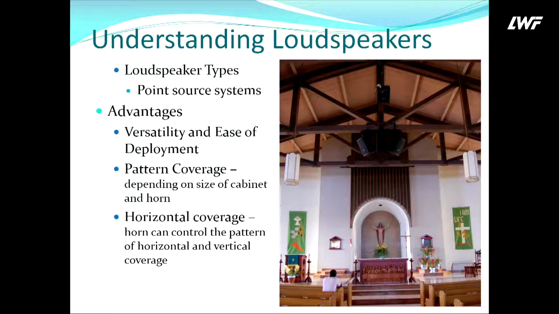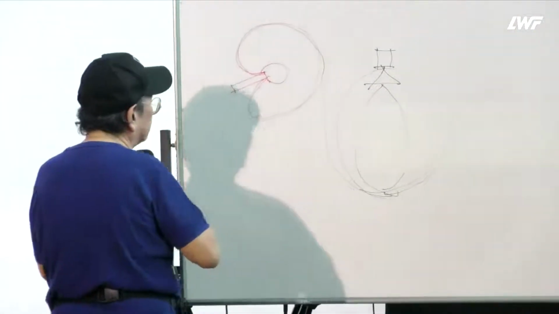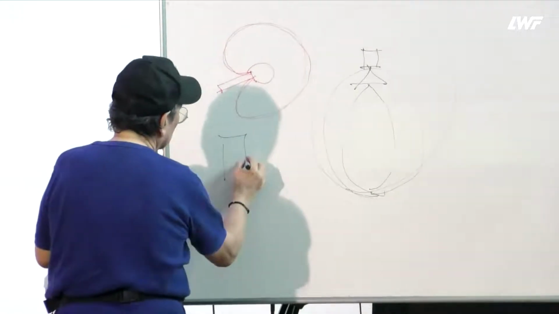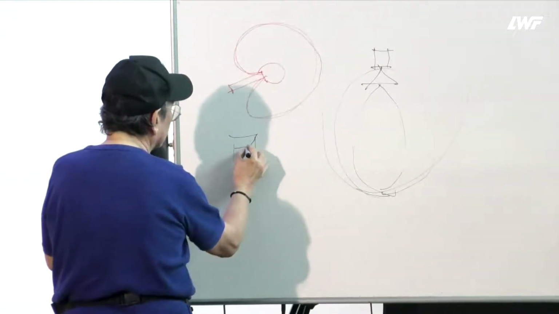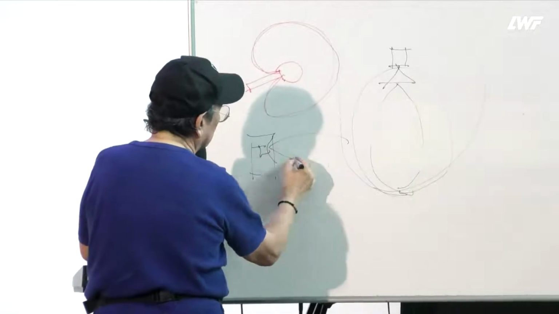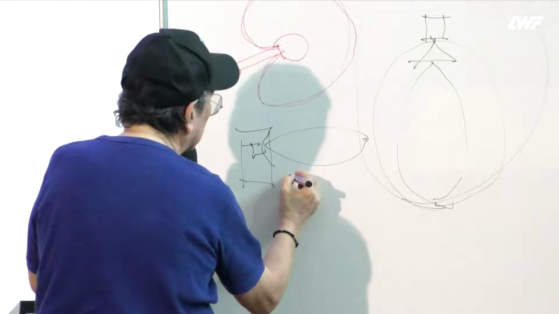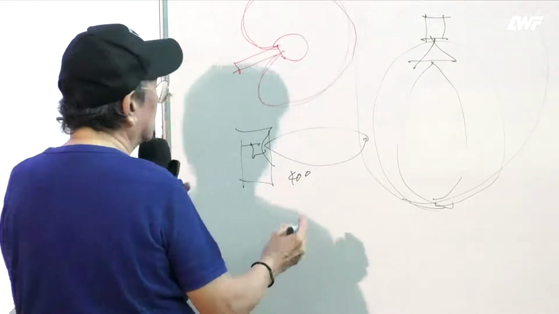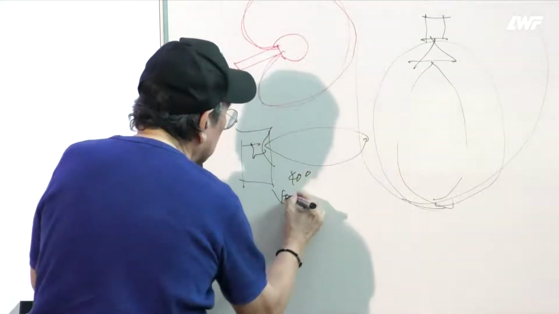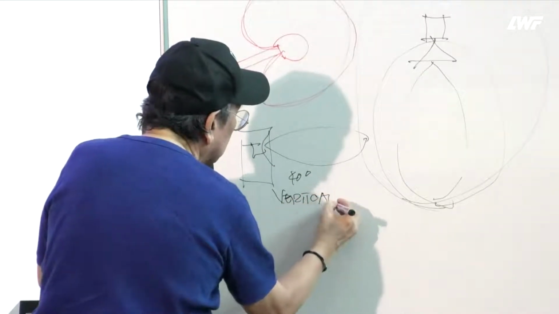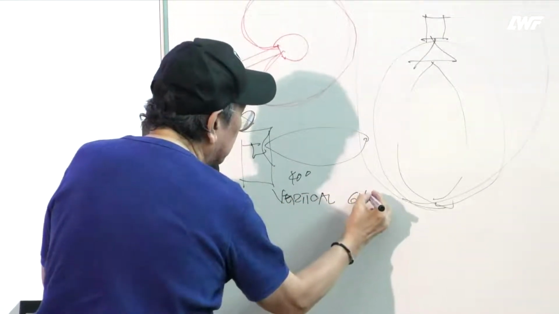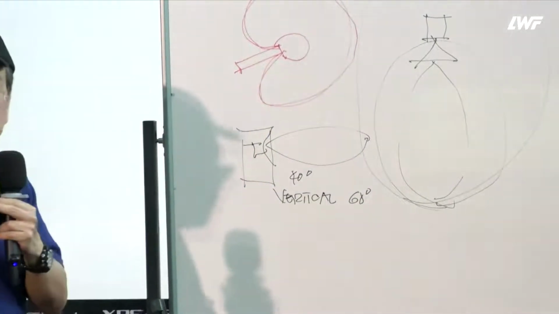Kaya lang, since most point source loudspeakers, kunwari, ito yung loudspeaker, no? Ito, your horizontal is normally 40 degrees. Yung vertical, normally 60 degrees. Again, it depends on what kind of loudspeaker you're using.